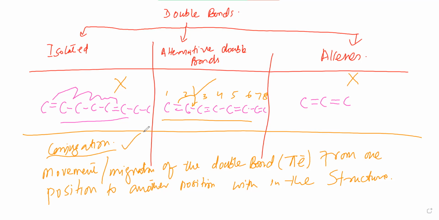Because we have the pi electrons of the pi bond in isolated double bonds and in allenes also. So because pi electrons are also there, is it possible for them to move within the molecule or not? No, not possible. So we are now studying the conditions in which this migration is possible. Okay. Let's see.